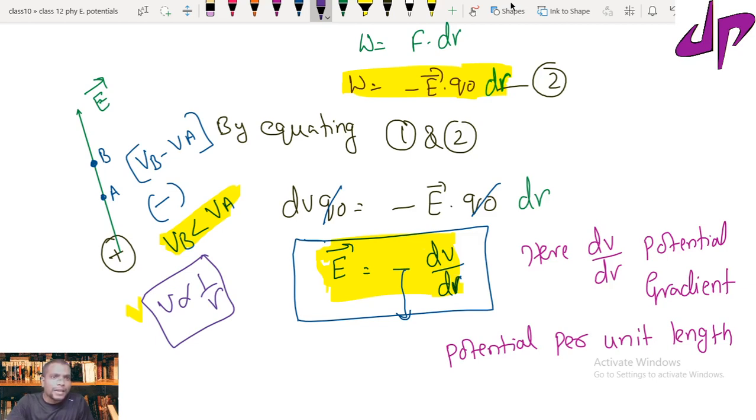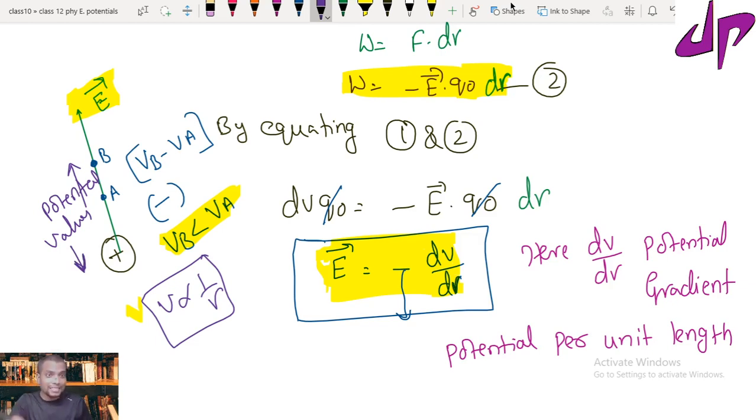Now the decrease in the potential, we can mention as VB minus VA. In the same direction, the electric field is also represented. Now you can see the electric field is representing the direction where the potential decreases. Or you can see it from another angle also: if I move from A to B, the potential value decreases.